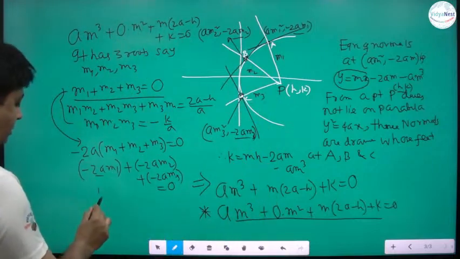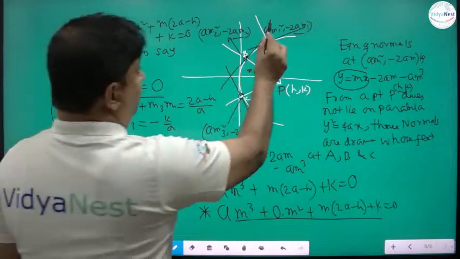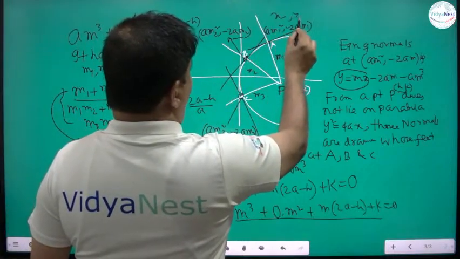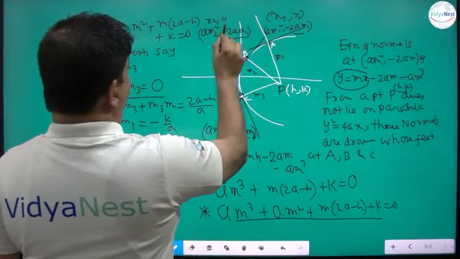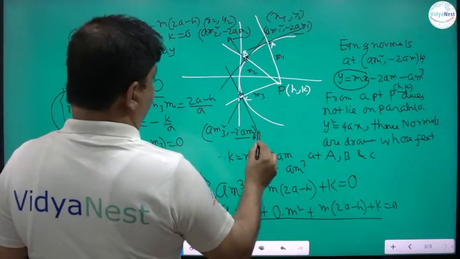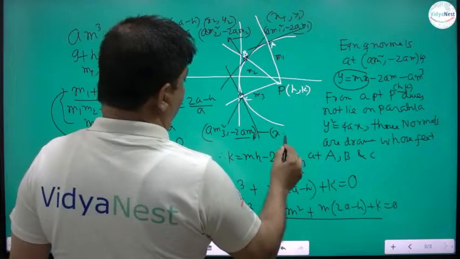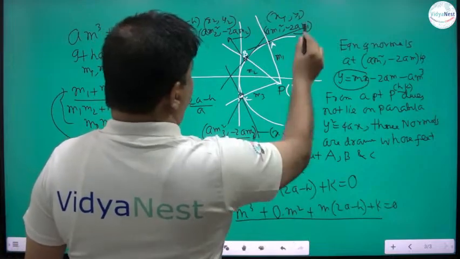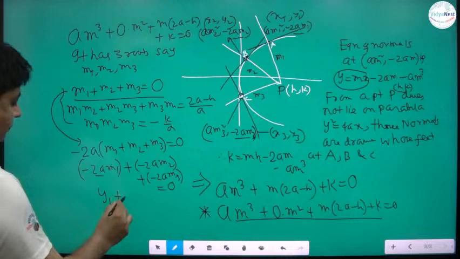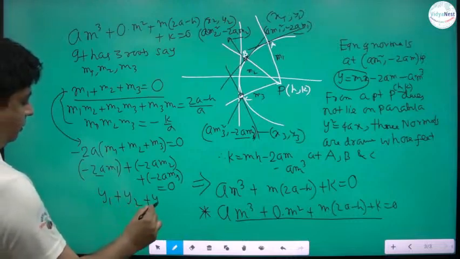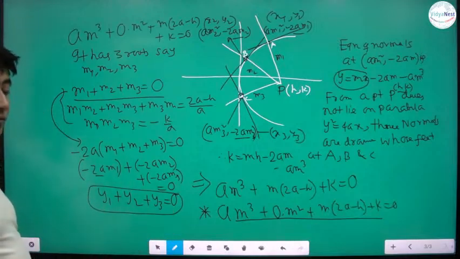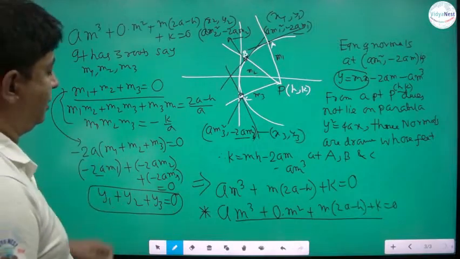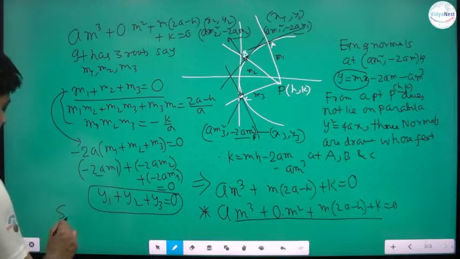That means if I consider these points as (x1, y1), (x2, y2) and (x3, y3), the sum of the y components is 0.